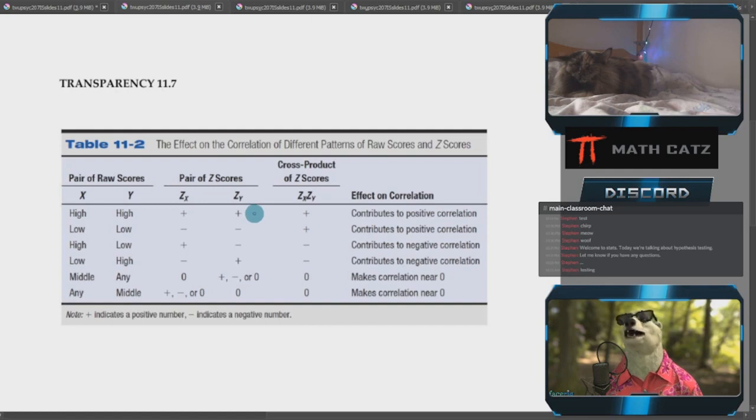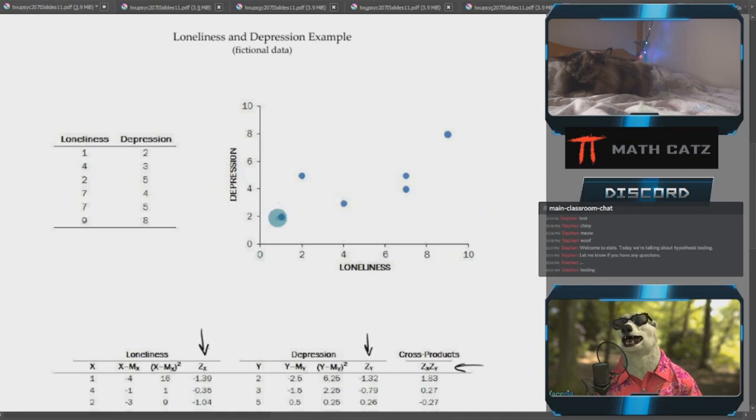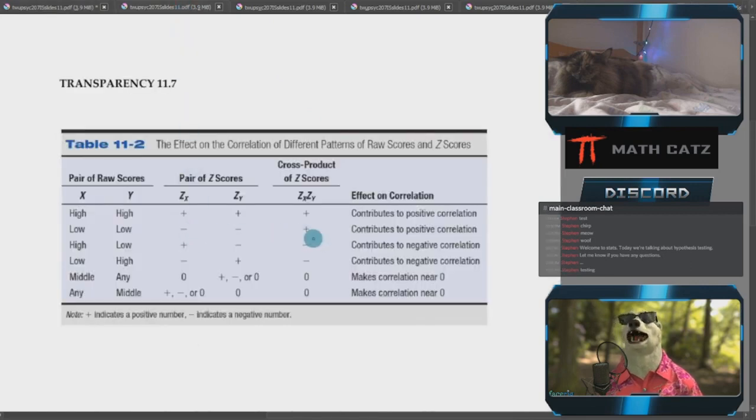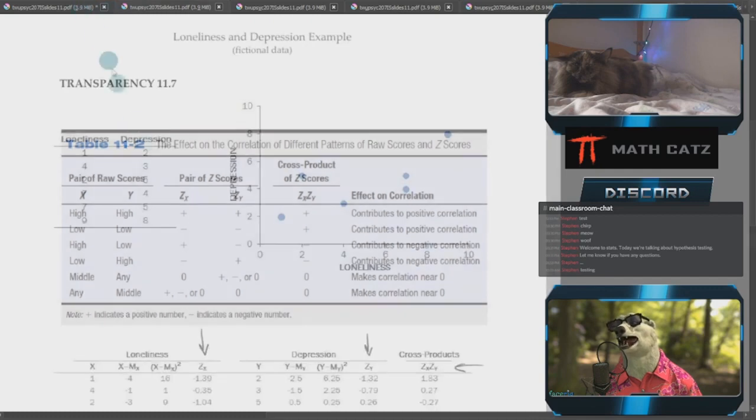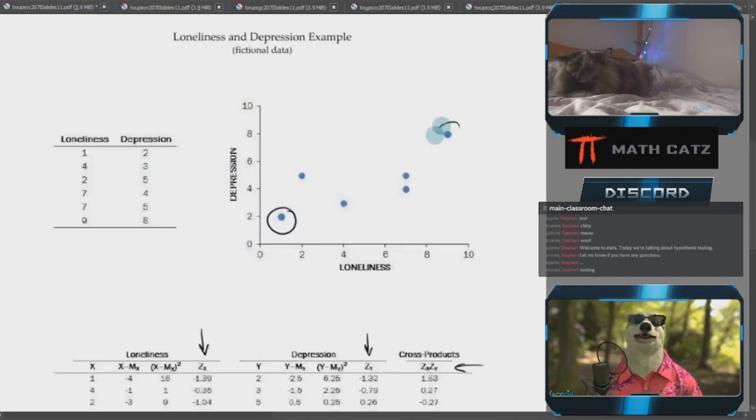They're both going to be positive, and multiplying them together contributes a positive value to the correlation coefficient. If they're both low, like this one over here, then they're both going to be negative. But when I multiply them together, they're going to contribute a positive number to the correlation coefficient. So if I just look at these two, forget all the rest.